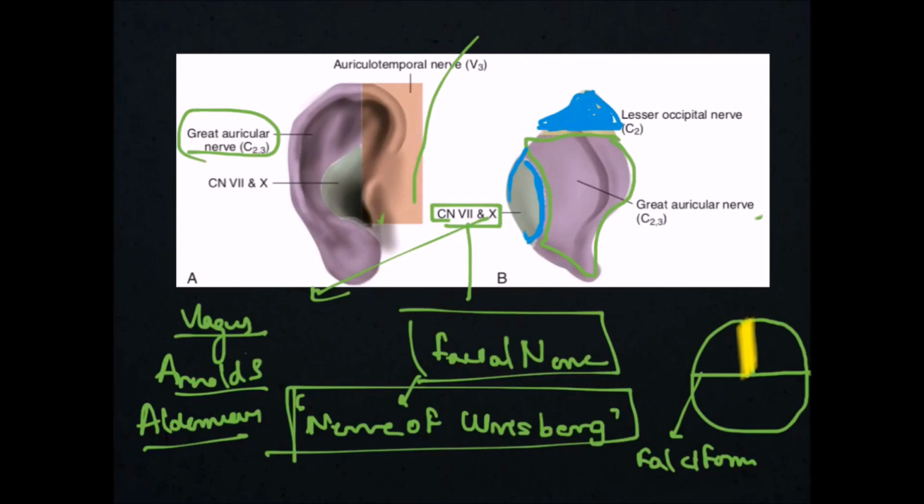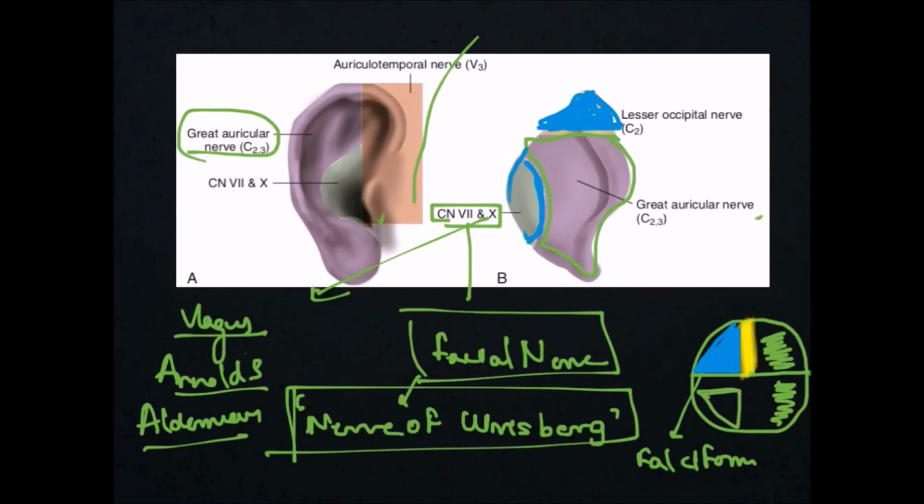Now the anterior part has a nerve. This is facial nerve. The posterior part has a nerve, this is superior vestibular nerve, and inferiorly there is inferior vestibular nerve, and in the inferior quadrant anteriorly there is cochlear nerve.